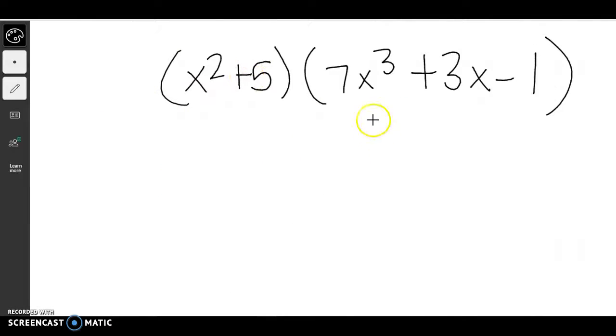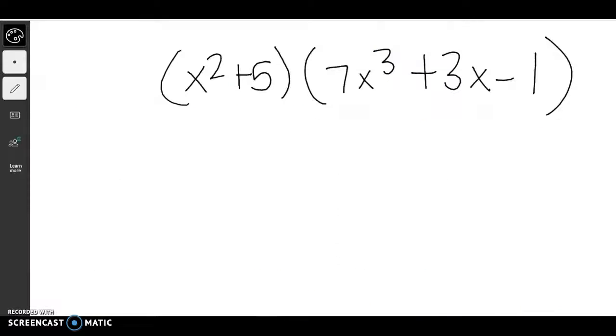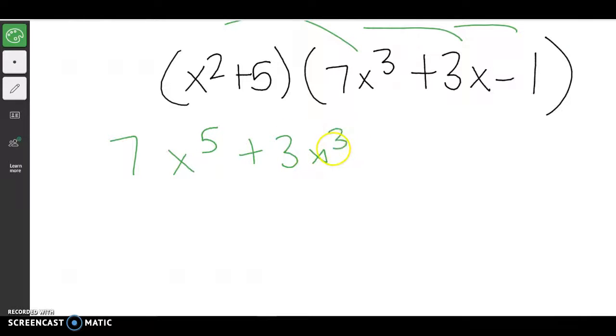Next question. They want us to find the degree. So if you look here, it says multiply, then classify by the degree. So we just have to FOIL, like we've done quite a few problems of. x squared times x to the 3rd is 7x to the 5th, plus 3x to the 3rd, minus x to the 2nd.